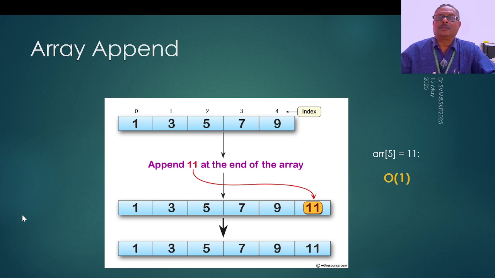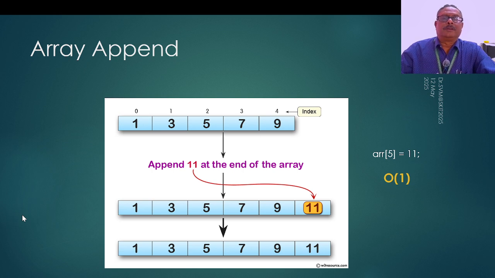But if we were not knowing exactly where the last value is in the array, then we have to start from the beginning, starting from index 0, then keep moving till we come to the end of the array. At the end of the array, we can have a special element saying that it is the end of an array, or we just can have zeros there.